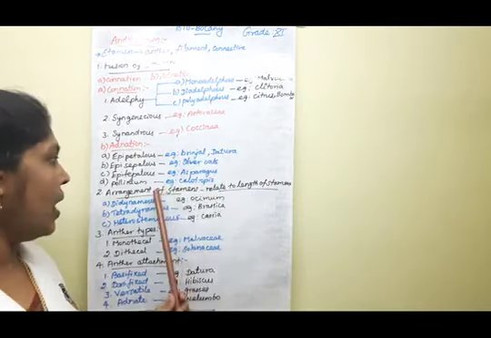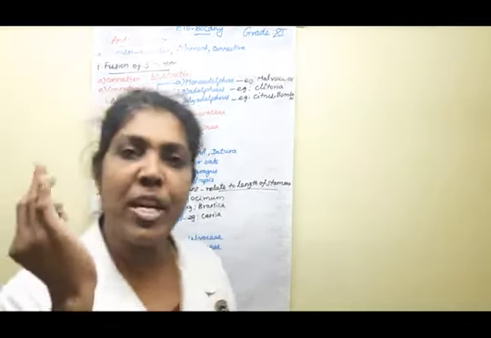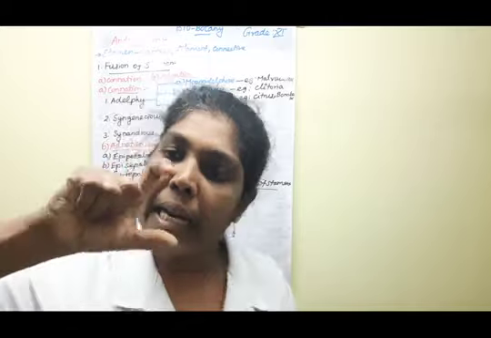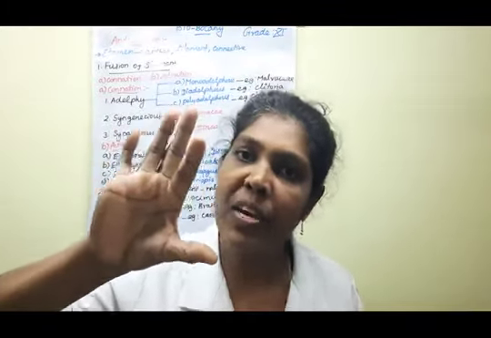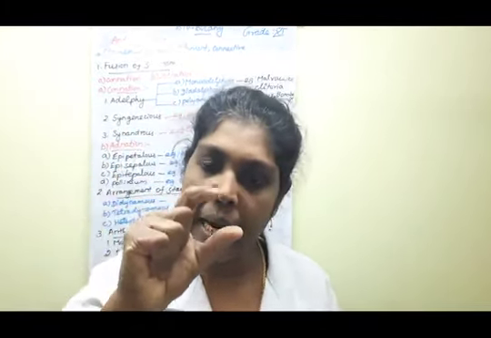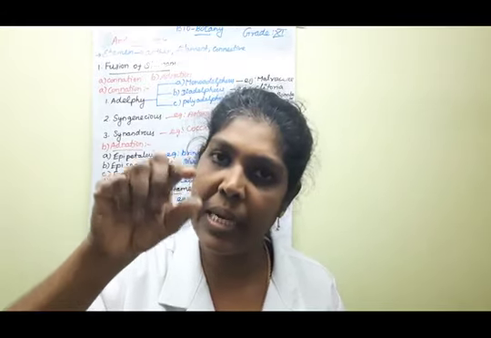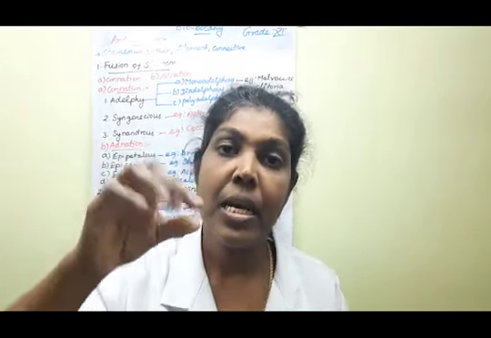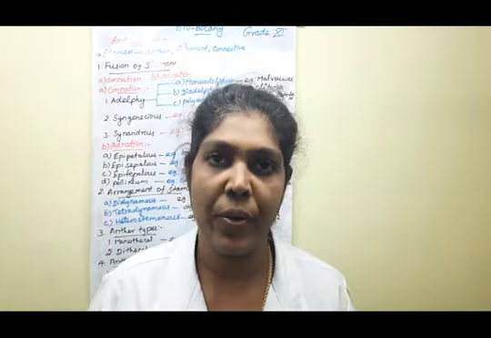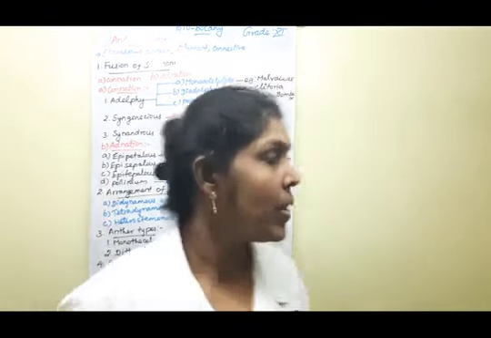The next one, the first type is over. Next, the arrangement of the stamens related to the length of the filaments. Regarding the length of the filaments representing the stamens, those are the terms we are going to learn next.